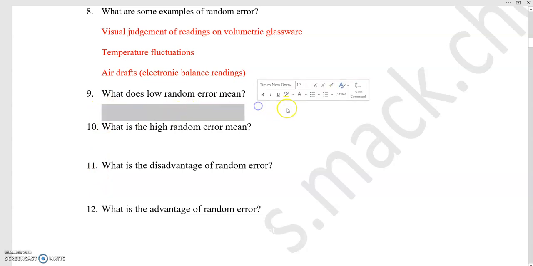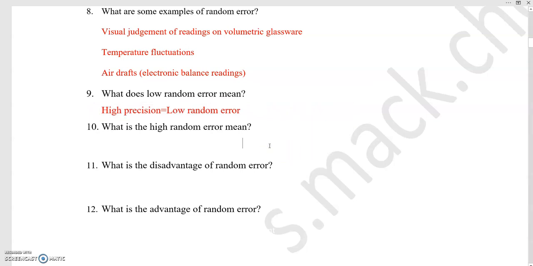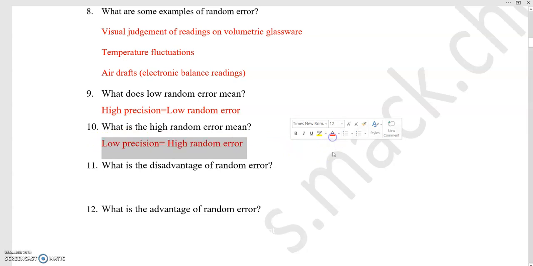If there is a low amount of random error, this will be seen in the closeness of the values obtained. Where the values are close together, which will show a high precision, that indicates low random error. However, if there is a large amount of random error, this will be seen in a large spread of values, which is a low precision, and this is the difference between low and high random error.